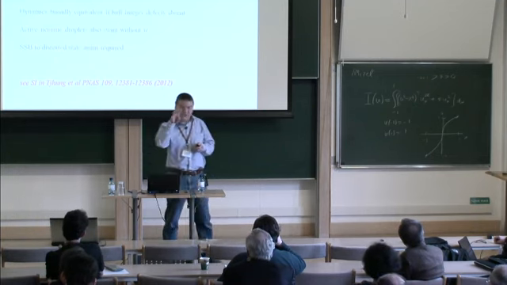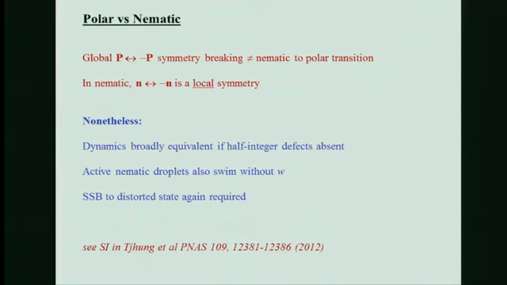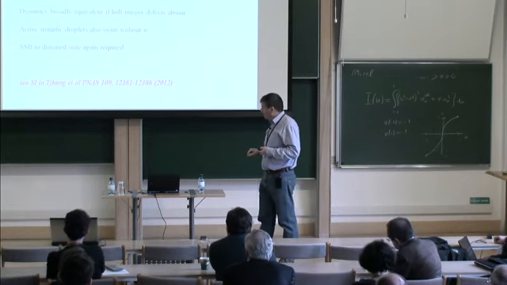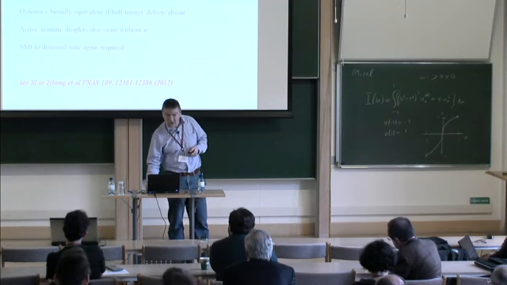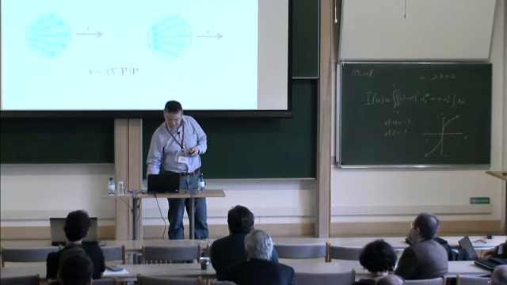Nonetheless, what I've told you can be completely repeated with Q instead of PP, and exactly the same thing is needed to swim in an active nematic droplet. You can't have the self-advection in the nematic because you don't have a P, but you still need a spontaneous symmetry breaking to a state of distorted orientation, and then you can move.